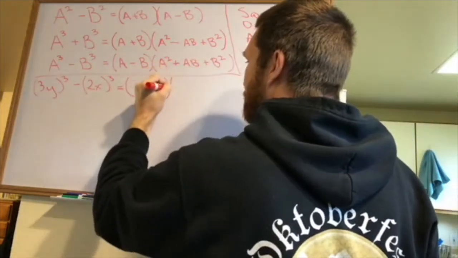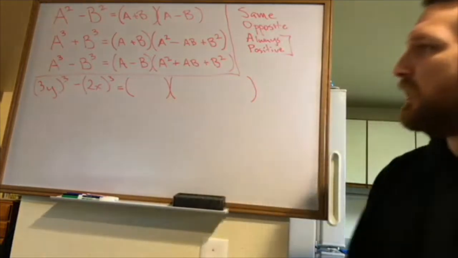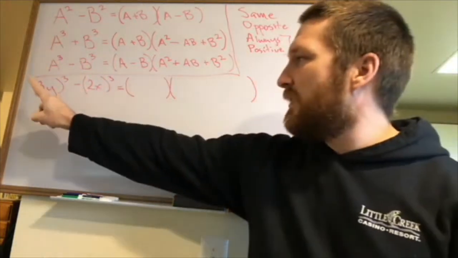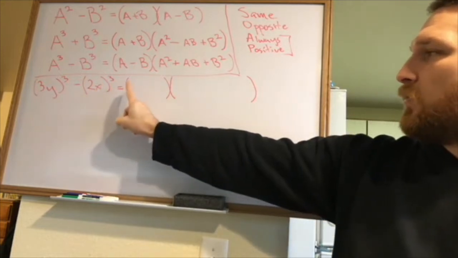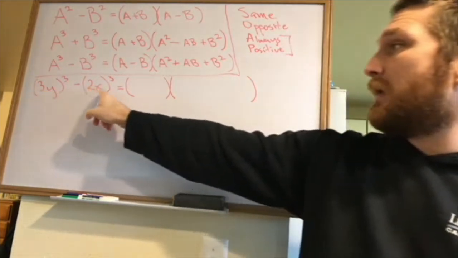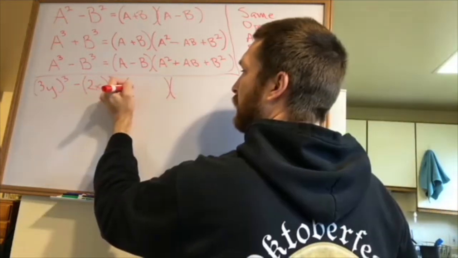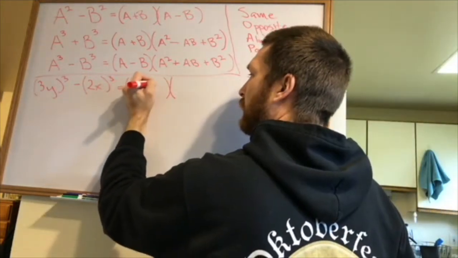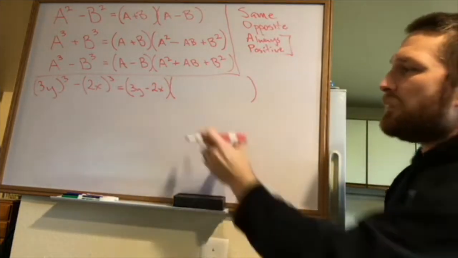I'm going to set it up the way that I like to, just like this. It's whatever this is, and then whatever that is. So right here, I guess, 3y minus 2x in here. That sound right? Something like that. Okay. Now, how about this?